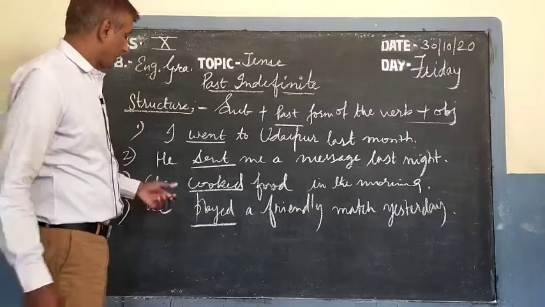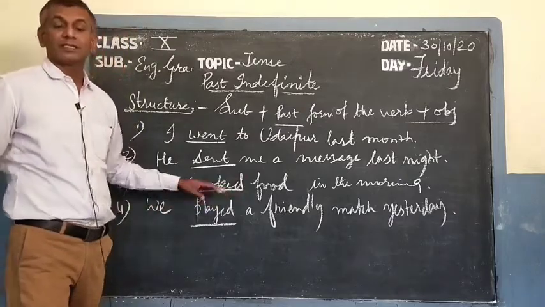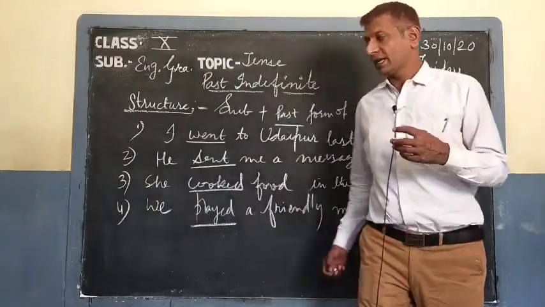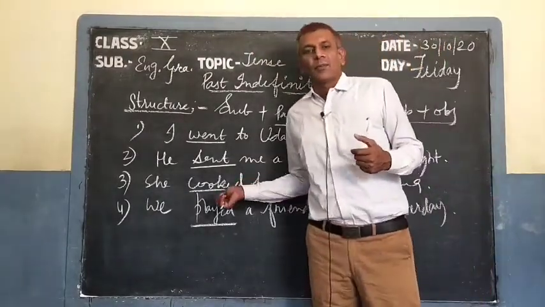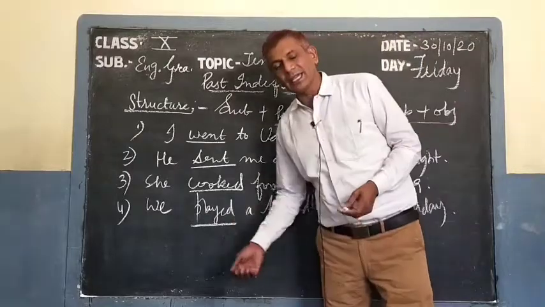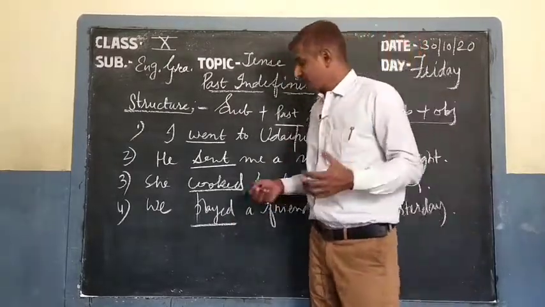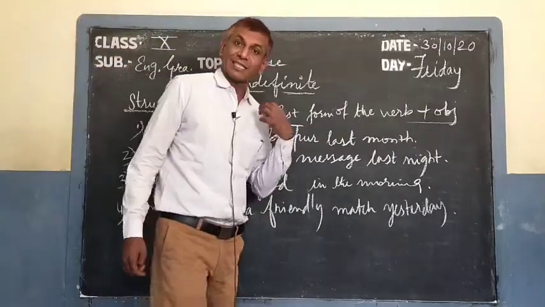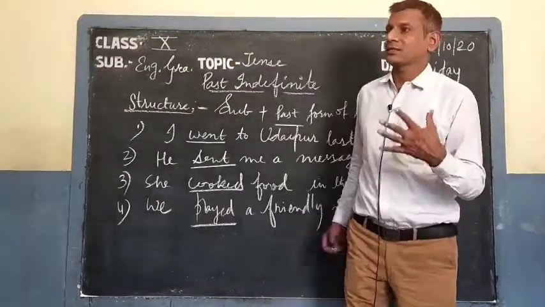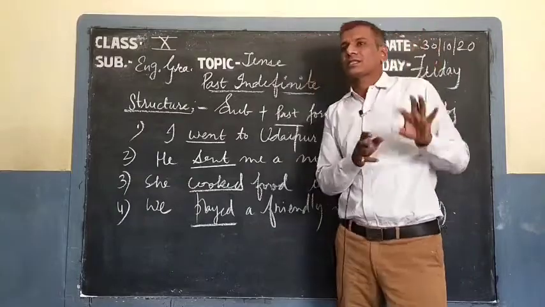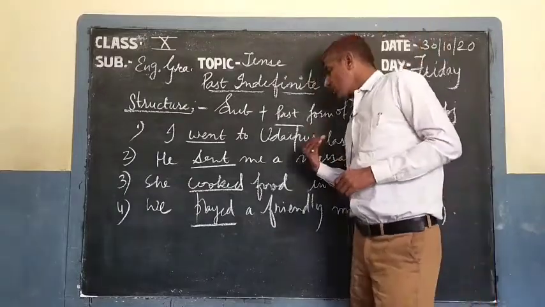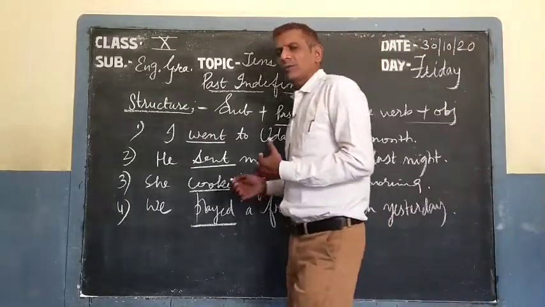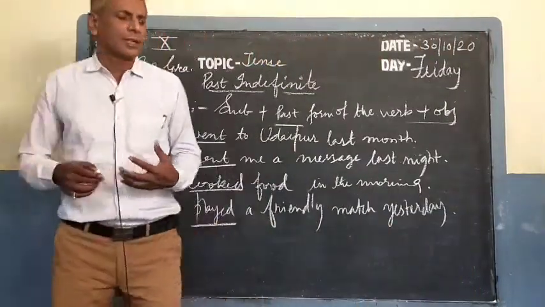She cooked food, this verb cooked tells that it is past. We played, the verb played with the subject tells the past indefinite. It tells that something happened in the past. So even if we do not use these times, the sentences would still be past indefinite.